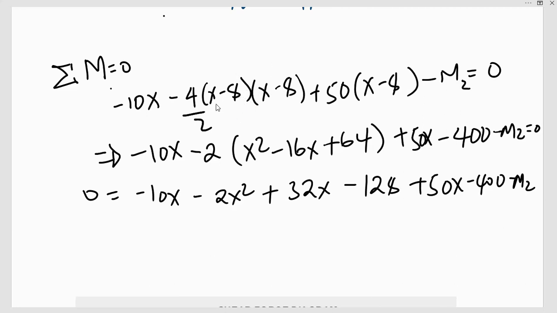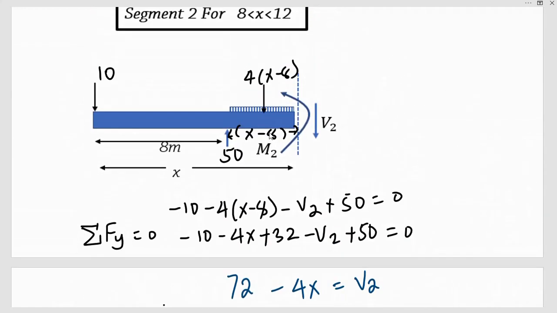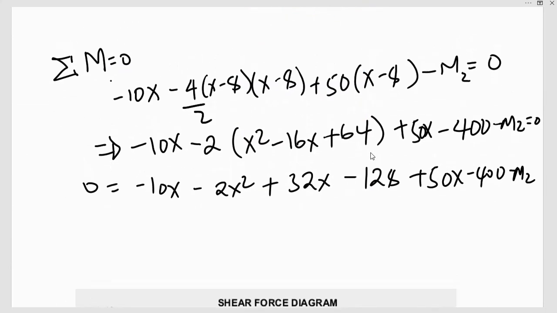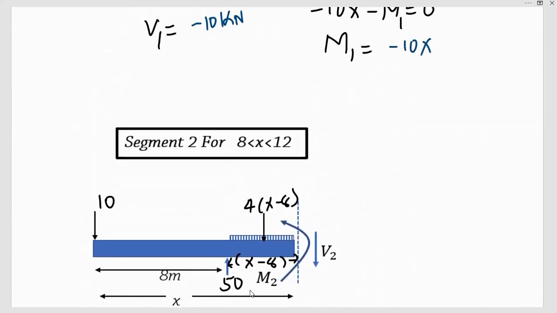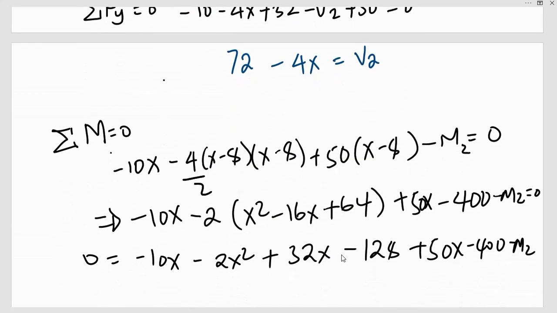Of course, the distance is supposed to be x minus 8 over 2. So plus 50 into x minus 8, because it acts at a distance of x minus 8 from the section. Then minus m2, because m2 is pointing in the anti-clockwise direction, so I'm making it negative.